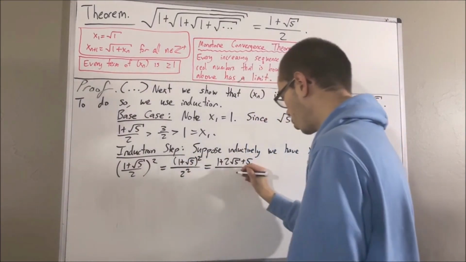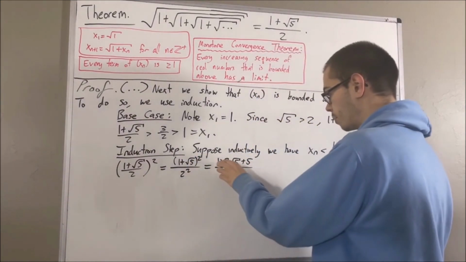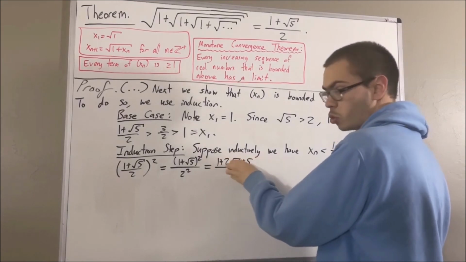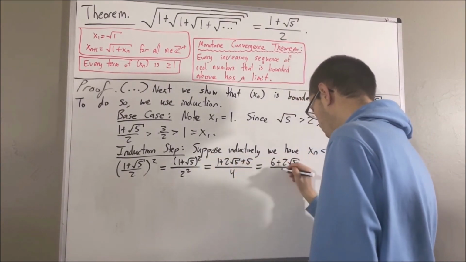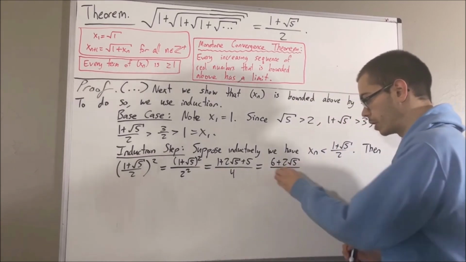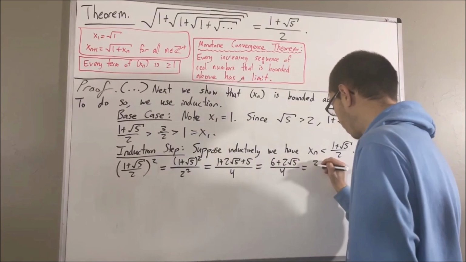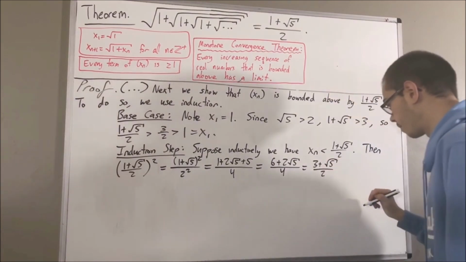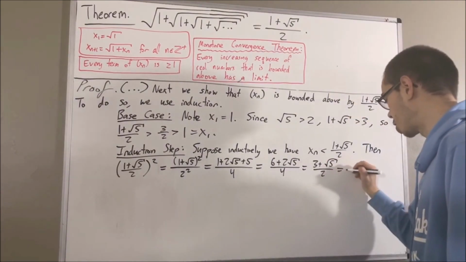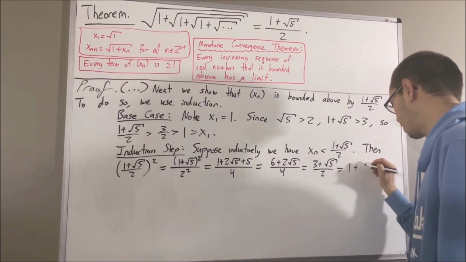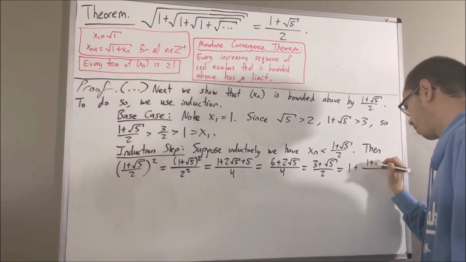And 2 squared is just 4. And then we can simplify the numerator to 6 plus 2 square root of 5, all over 4. And then we could further simplify this to (3 plus square root of 5) over 2. And then it's not too difficult to see that this is just equal to 1 plus the golden ratio.